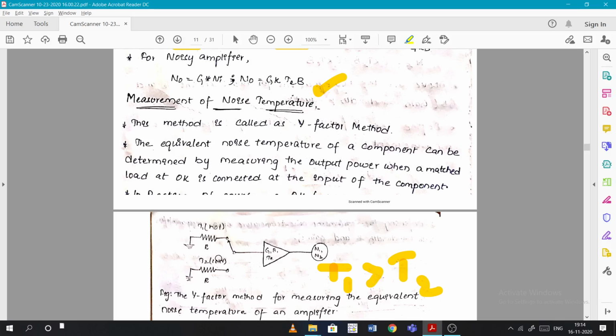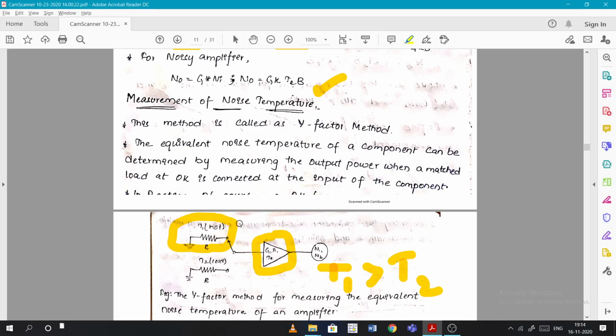Now there will be a switch where we can connect either to hot first, and after that to cold, and that wire will be connected to a gain amplifier. We will see the outputs. When we connect to T1, this resistor has some temperature, so it will generate noise. And this amplifier is also noisy, that means it has effective temperature TE, gain and bandwidth.